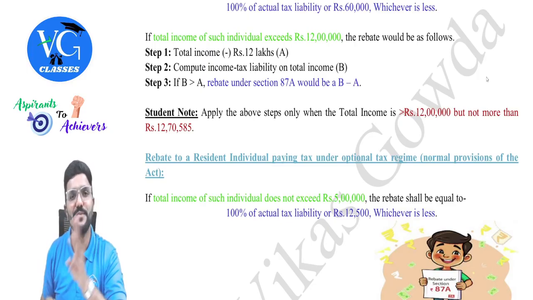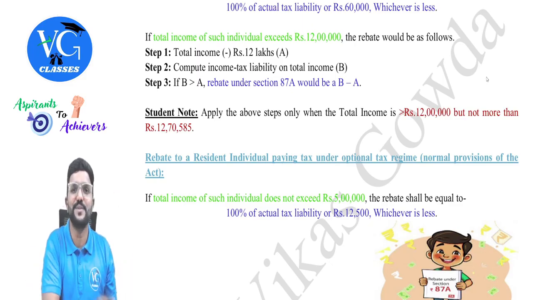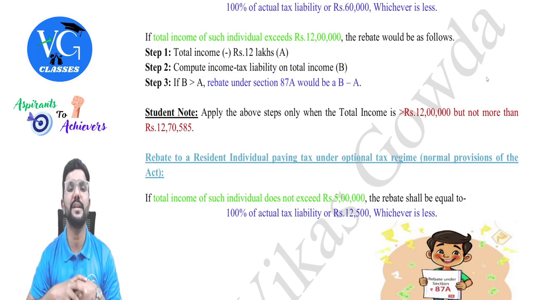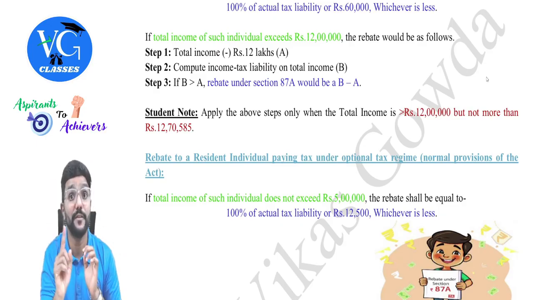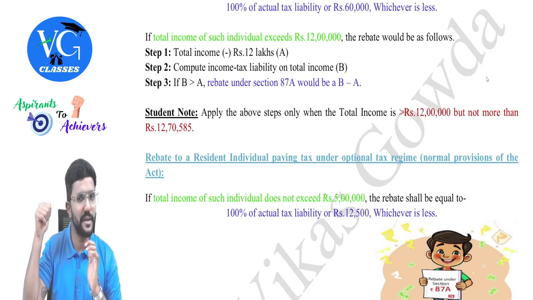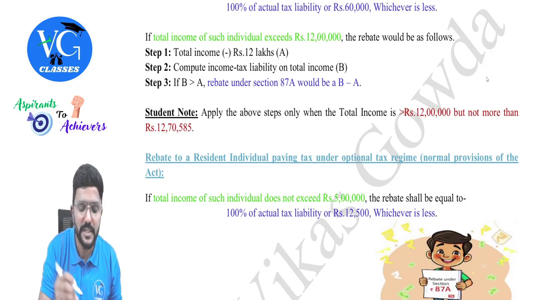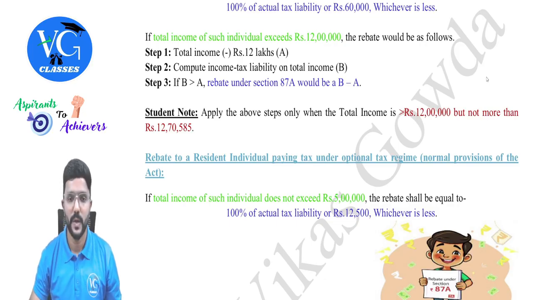Is it fair that for a 30,000 increase in income, tax liability increases from 0 to 70,000? So they thought this is not fair. Somewhere similar to our marginal relief concept, they give the difference, that is 70,000 minus 30,000, 40,000, as rebate, not relief. Marginal relief is a separate concept, but this is similar to that.